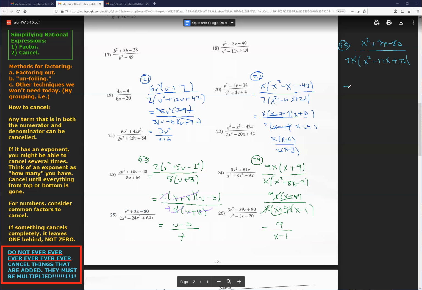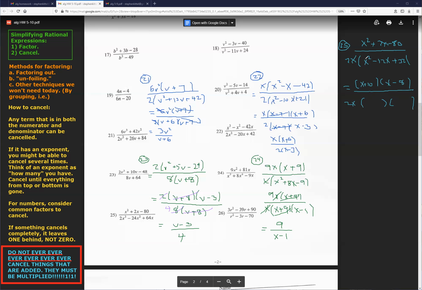Okay, now let's do our FOIL style factoring. We got to do that top and bottom. Hooray. I know you're thrilled. Multiplies to negative 80, adds to 2. So two numbers that are pretty close together, but multiplied to 80 are going to be 8 and 10. So it's going to be a plus 10 and a minus 8.